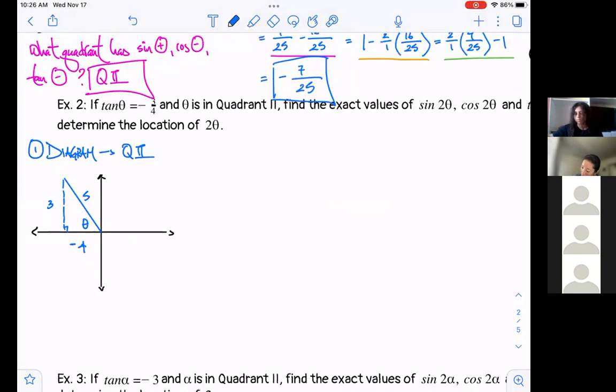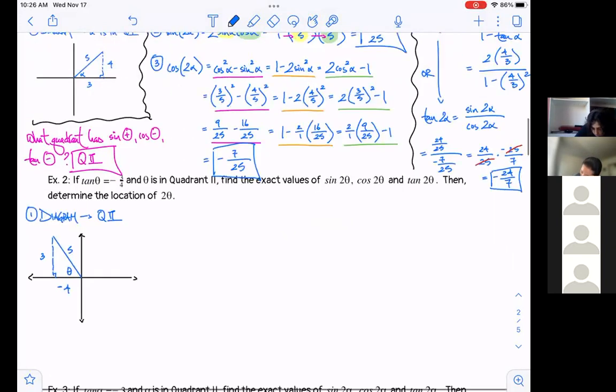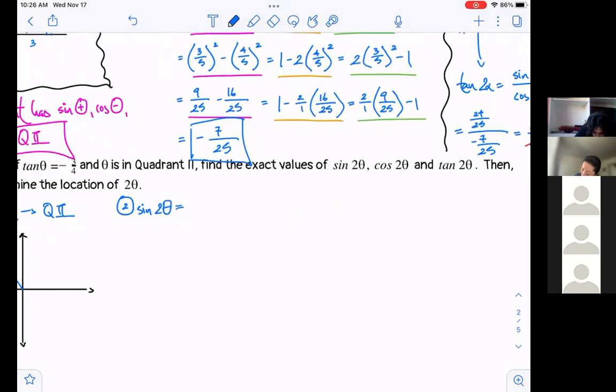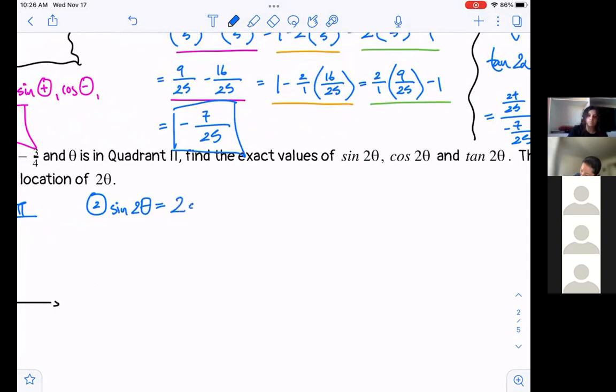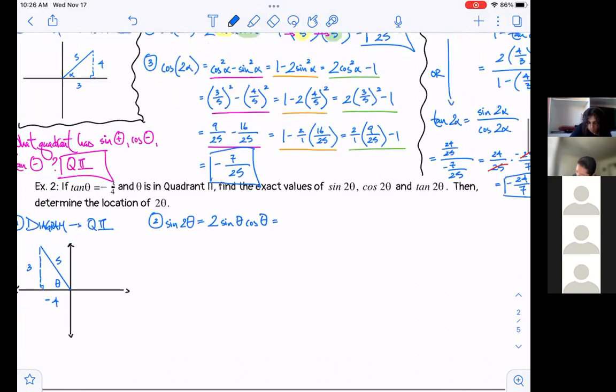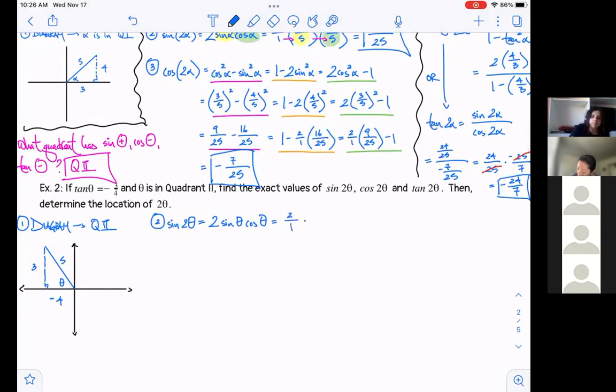So let's go back now and take a look at our sine 2 theta. Let's write out that formula. It is 2 sine theta cosine theta. I'm going to make that 2 into a 2/1 because I'm cleverly thinking ahead that I'm going to need to multiply some fractions. What do I put in for sine theta? What do I put in for cosine theta?